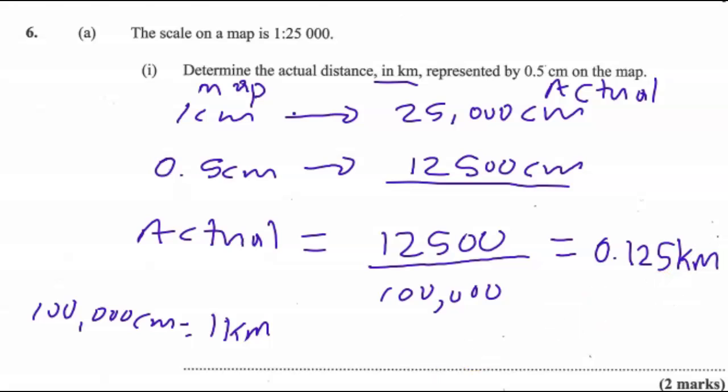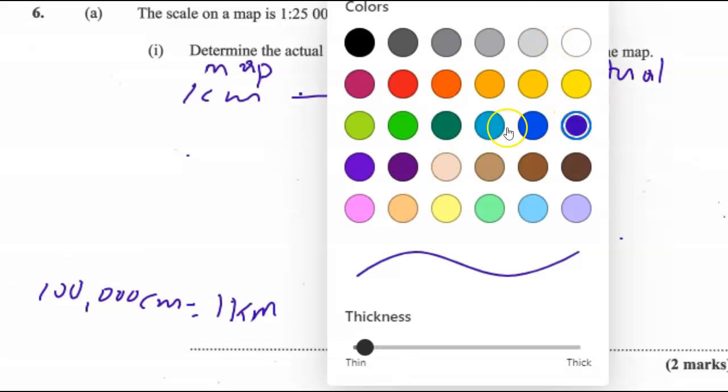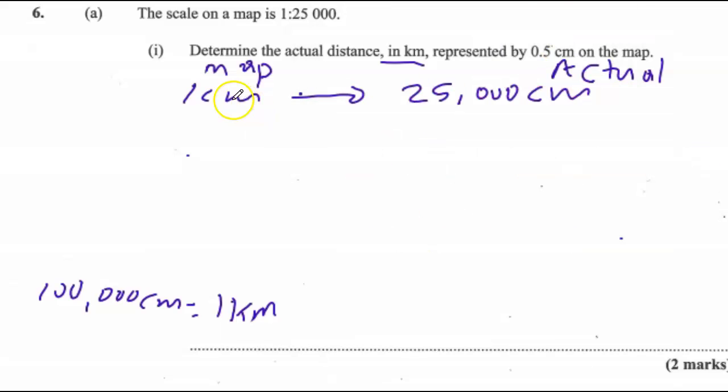Another approach you could have taken is to say, okay, a centimeter on the map is 25,000 centimeters in reality, which means a centimeter on the map is the same thing as 25,000 divided by 100,000, which is 0.25 kilometer.